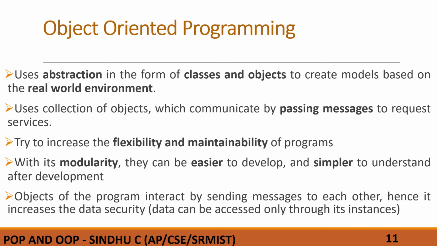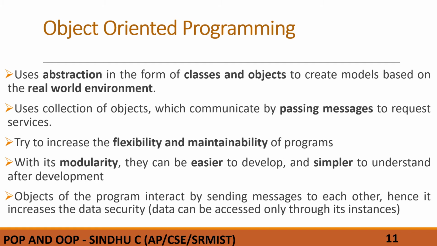So coming to the concepts here, generally object-oriented programs use abstraction. Abstraction is hiding certain parts. What you are hiding can be decided in the form of classes and objects. So using classes and objects, we can create models based on the real world environment.